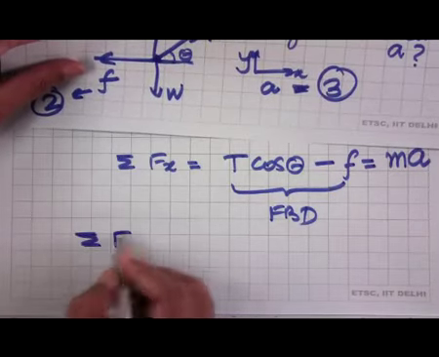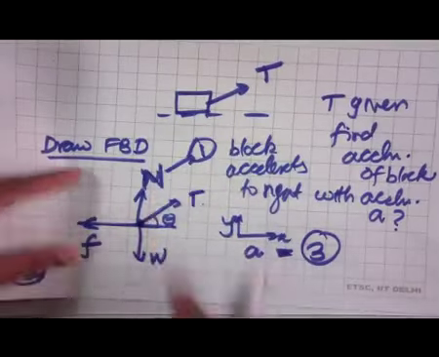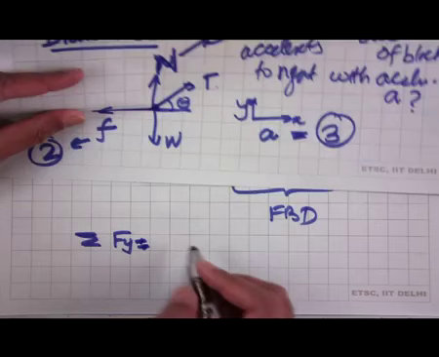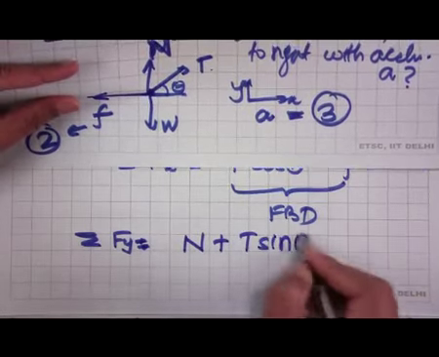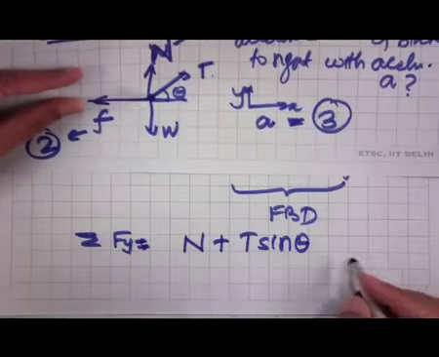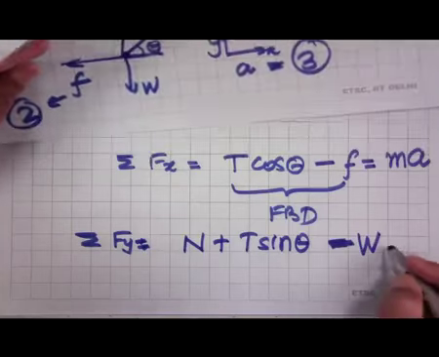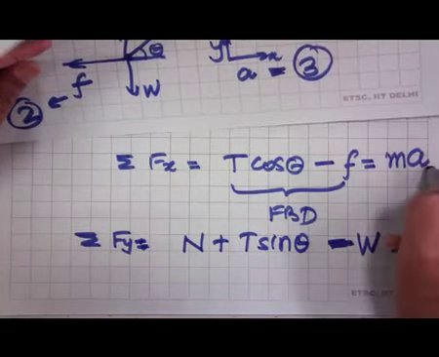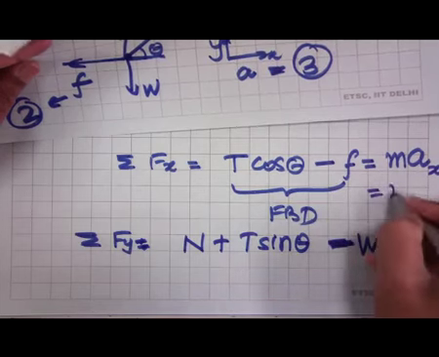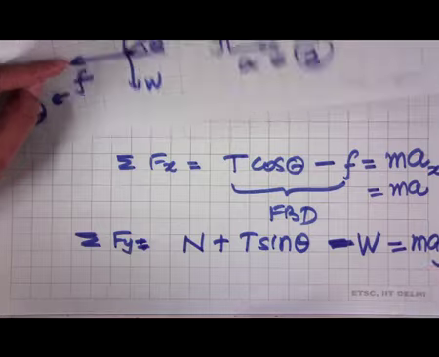Then we also go to forces in the y direction. So, what we will get is N plus T sin theta minus W is equal to mass times acceleration in the y direction, m a_y.